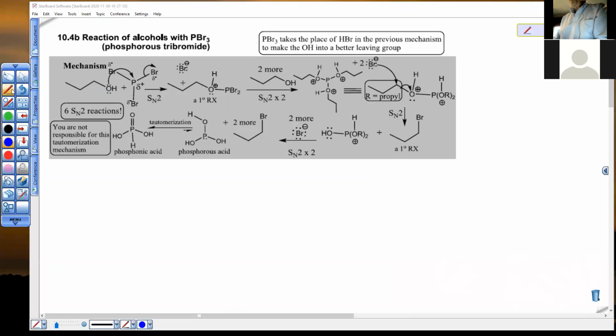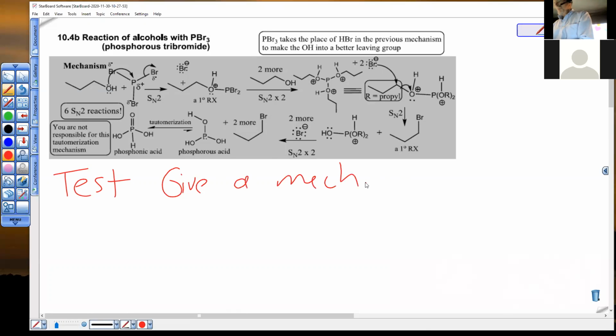All you're responsible for on the test is this test. Give a mech. And I'll have 2 groups on there already. You don't even need to know what they look like. R2PBr plus, let's do an alcohol.